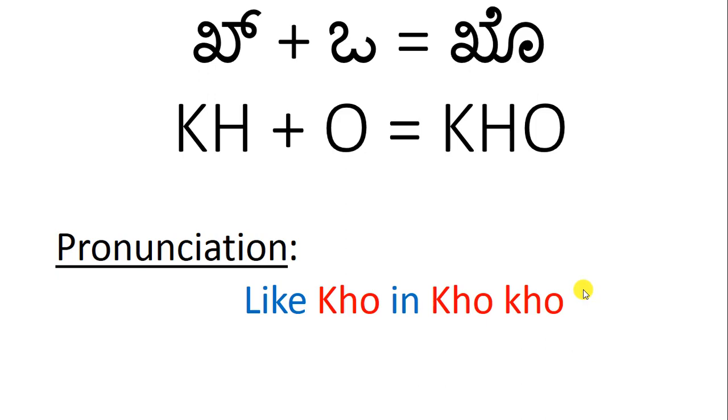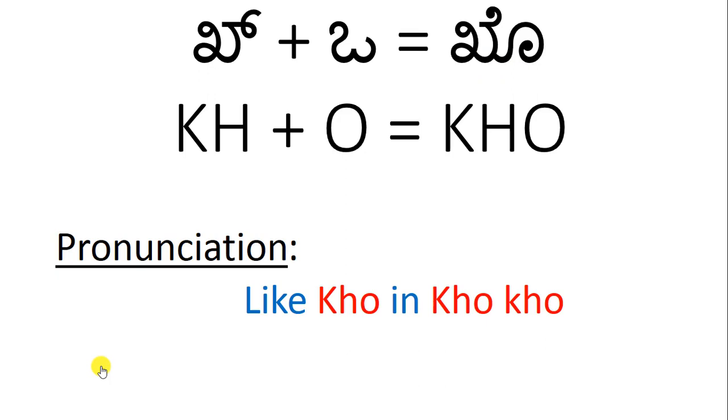Next sound is Kho, Kho, okay, and the way we get this sound Kho is by adding vowel O to K. K plus O will get you Kho, and the way we pronounce this Kho is like kho in kho kho, the sport, okay, which is this sound, kho.